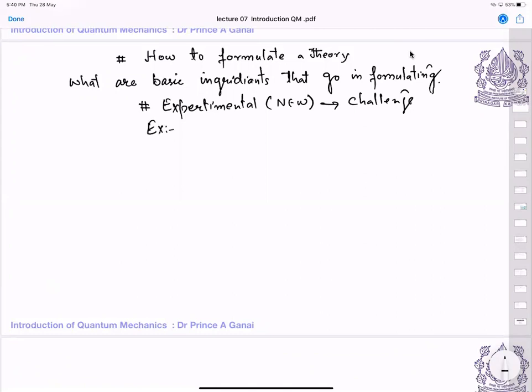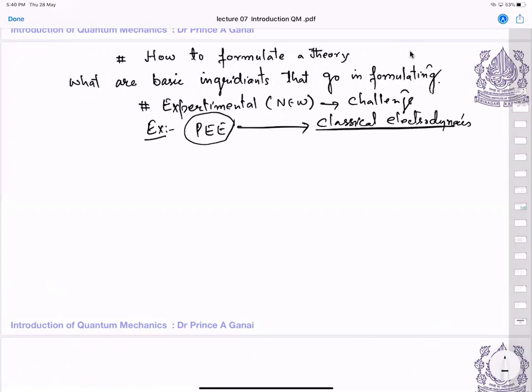For example, the photoelectric effect. This was an experimental finding about how photons eject electrons from a metal. The existing theoretical framework that should be applicable in this experiment was classical electrodynamics, and classical electrodynamics is not able to explain this phenomenon.